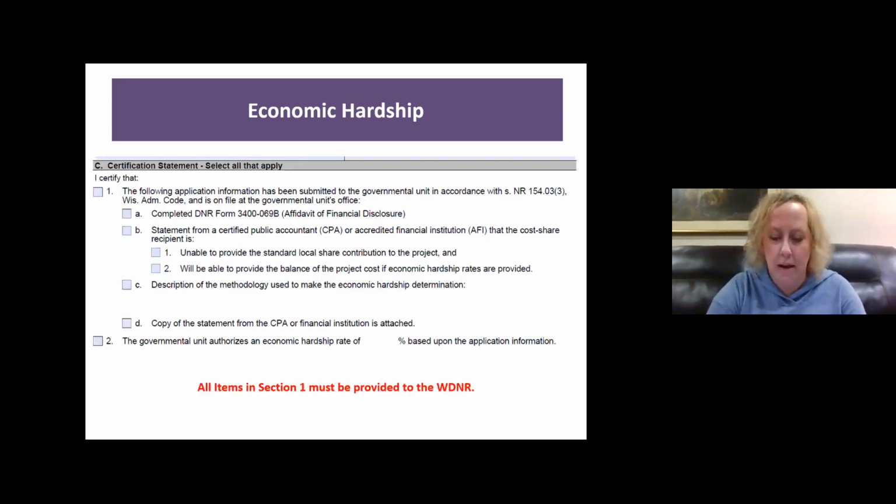And so on the determination form, essentially it walks you through a set of check boxes to make sure that all the necessary forms have been provided to us. And if you have any questions or concerns about how to complete this information, I just encourage you to reach out to your regional Nonpoint coordinator.